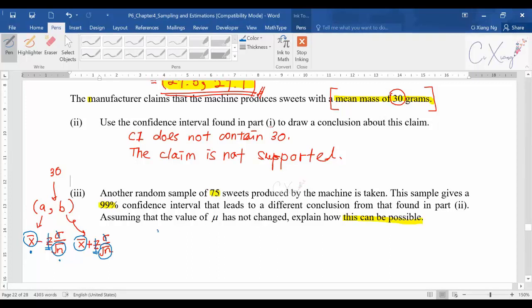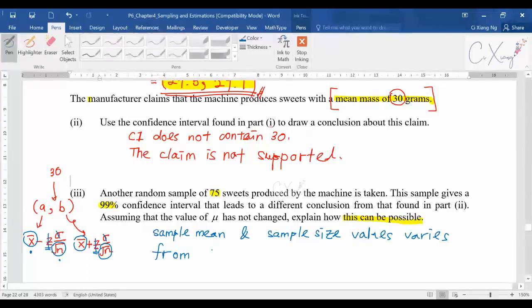Okay, so you can write that the sample mean and also the sample size values varies. Varies means that they are different from part 1, from the first sample.